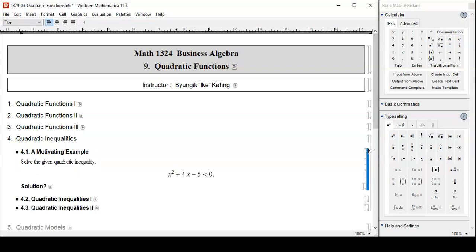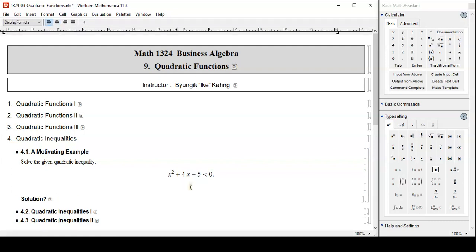Alright, here's a motivating example. Solve the given quadratic inequality. How do you do that? I see this kind of answer a lot. (x + 5)(x - 1). And then you see you have blue and you have red.